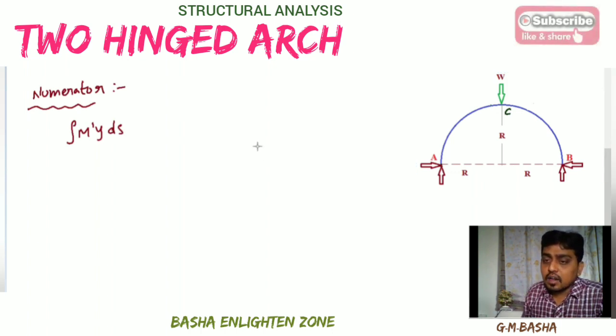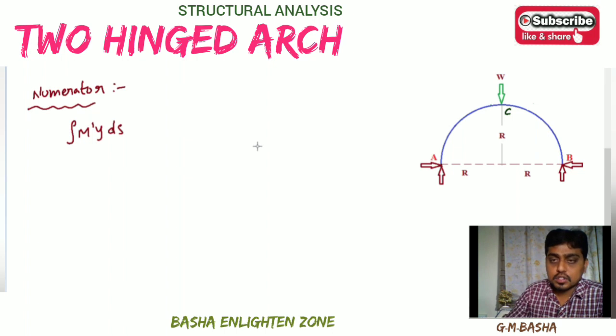So M dash is the beam moment. For that we have to consider the moment up to a point P at x comma y. If you want that moment, first we have to resolve the reactions at the supports. For that I am resolving the reactions at A and B.